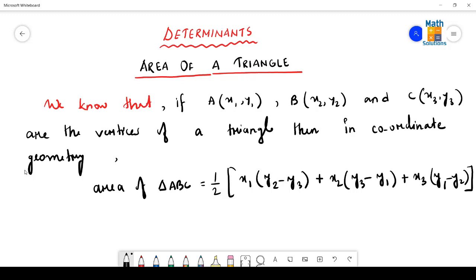Actually this is the formula for area of triangle ABC if its vertices are known, like (x1, y1), (x2, y2) and (x3, y3).